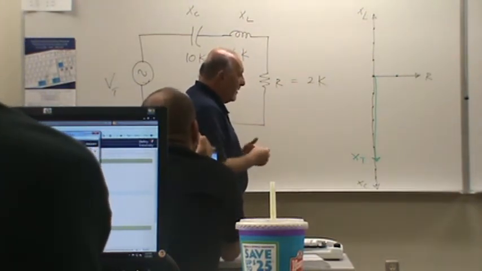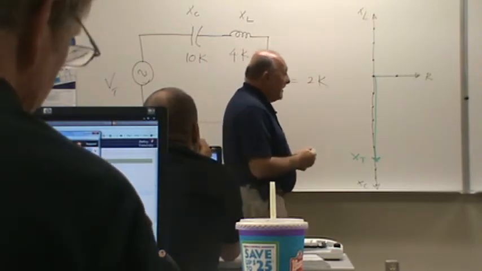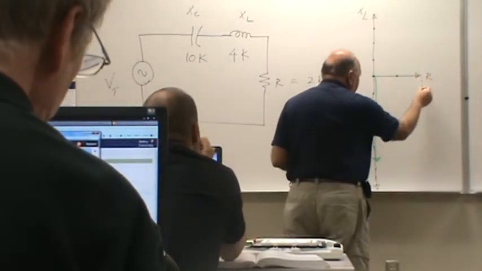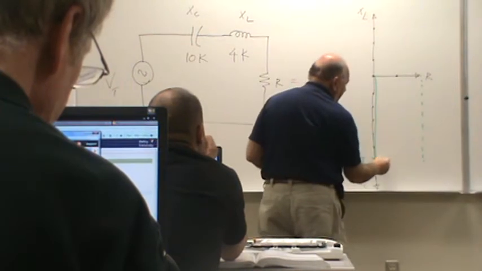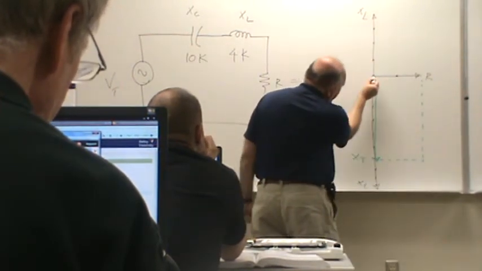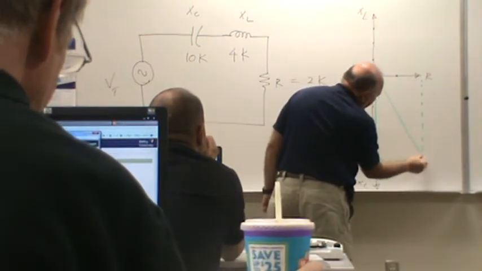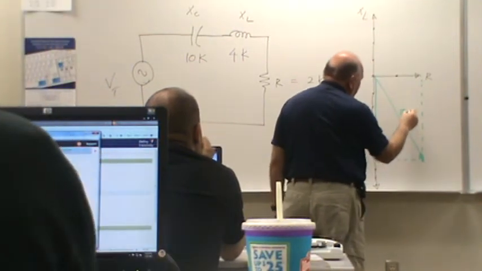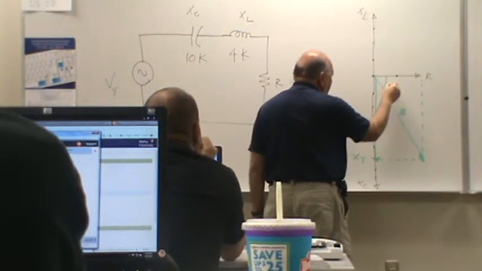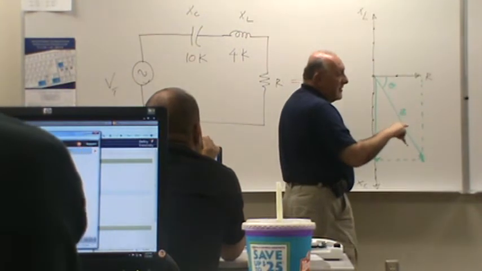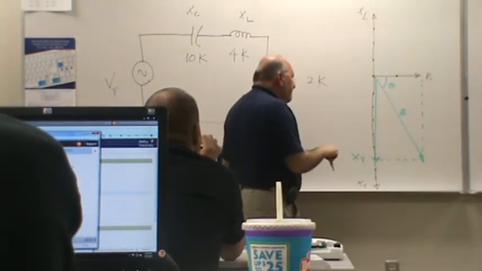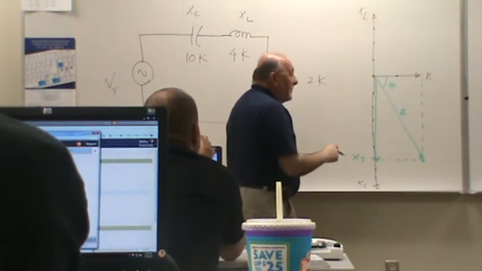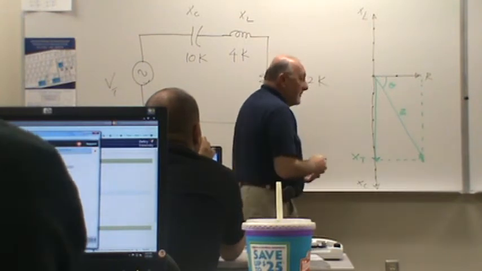Now you can see what's going on. I can see where the impedance is going to be, that's right there. That's our friend Z. And it's got to be negative. You know it's negative because it's more capacitive. If the inductor was dominating, the theta would be positive.